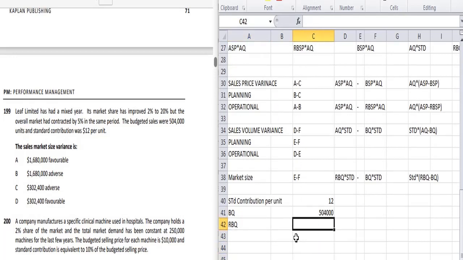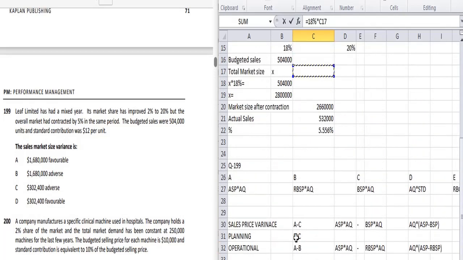So now this is the tricky part. As the company has budgeted its sales value at 18% of the market size, and now the market has contracted by 5%, so 18%. Now the revised budgeted quantity will be 18% of the revised market size, which we have calculated above, which is 226,60,000.